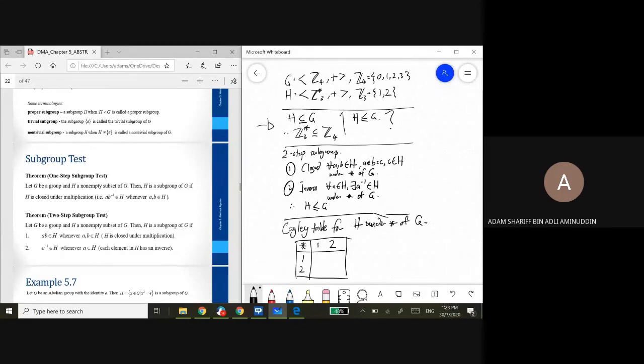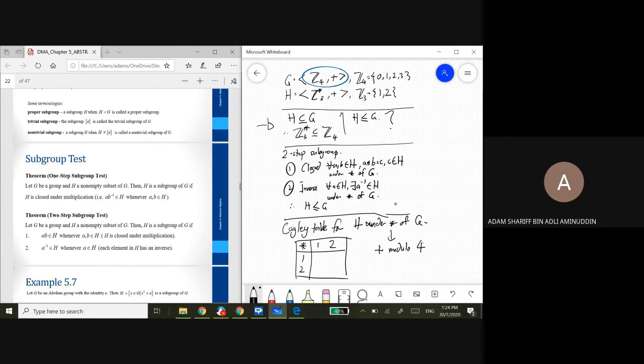Bear in mind, this is not similar to the normal Z3 star. The binary operation that you will do right now is under the binary operation of G. So what is the binary operation of G? It is plus modulo 4. You add up the elements modulo 4. That is the binary operation of G.